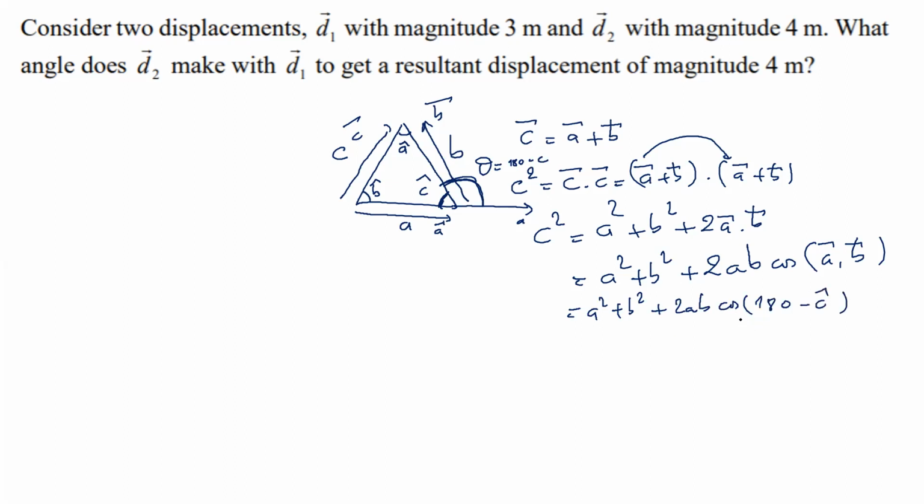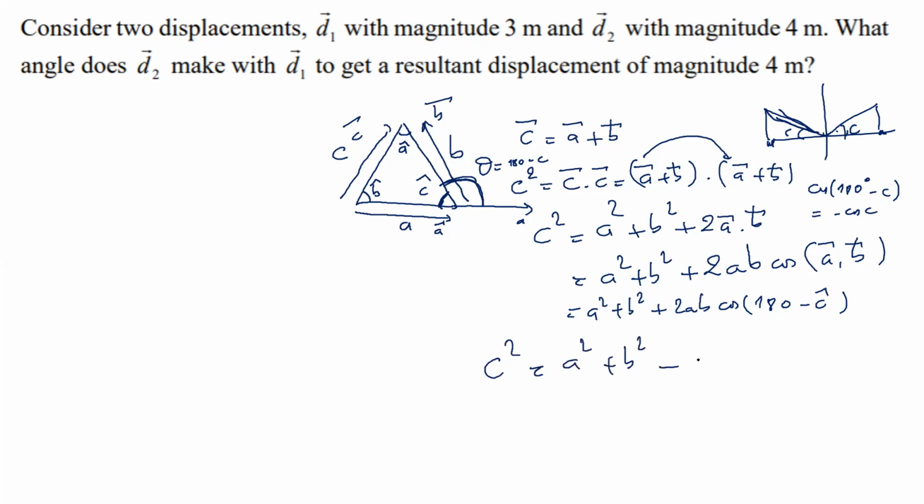So cosine 180 minus C, well, you know that if this is C, this is 180 minus C. Okay, and they have opposite cosine. This is C, this is 180 minus C, this angle here. Okay, so basically I'm telling you that cosine (180 minus C) is equal to minus cosine C. So here I end up with C square is equal to A square plus B square minus 2AB cosine C, the angle C.